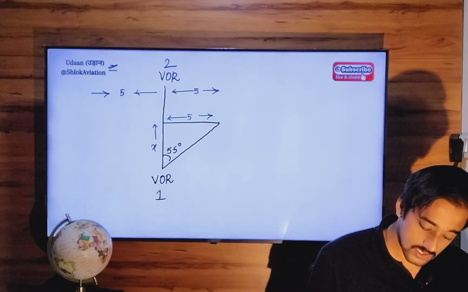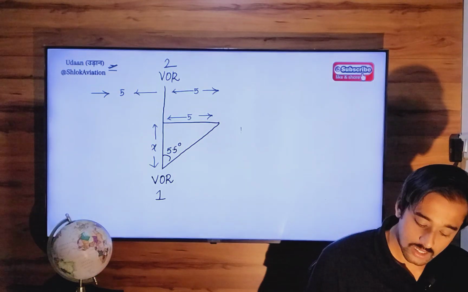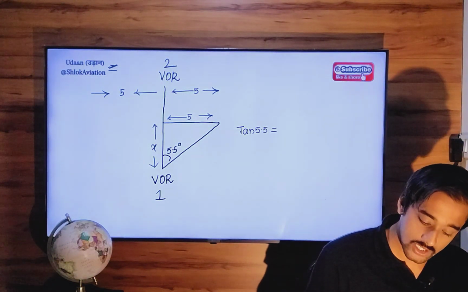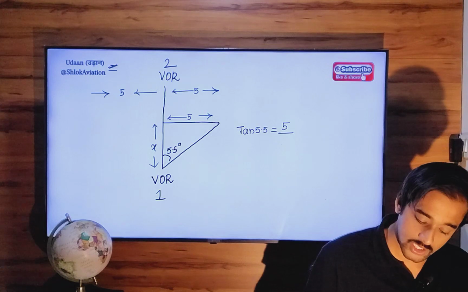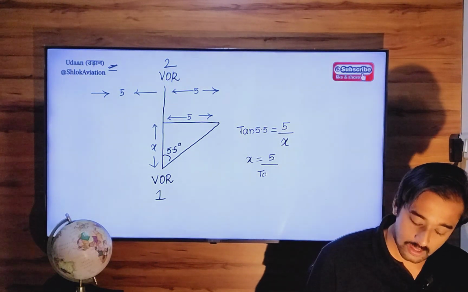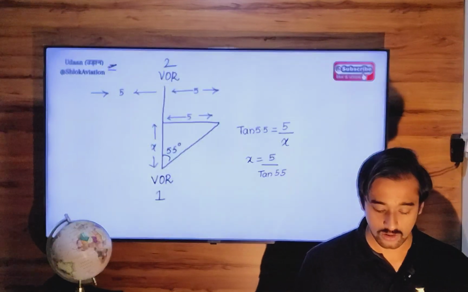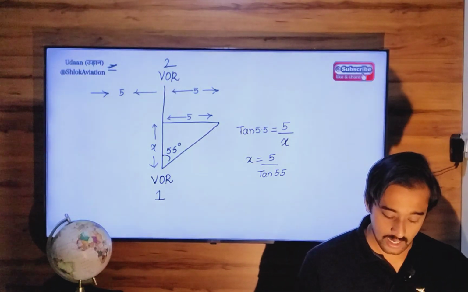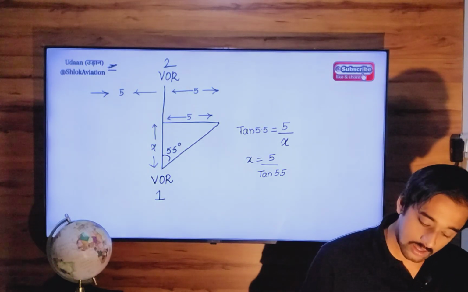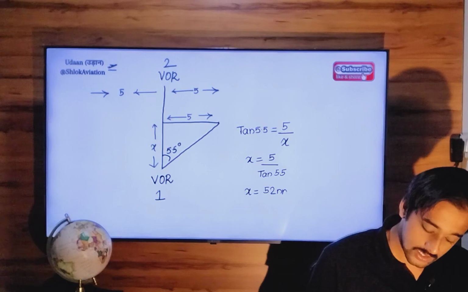Let's calculate this. By using tan theta formula, tan theta which is tan 5.5, opposite which is 5, divided by adjacent which is x. So x is 5 divided by tan of 5.5. So 5 divided by tan 5.5 is 51.9 or 52 nautical miles.